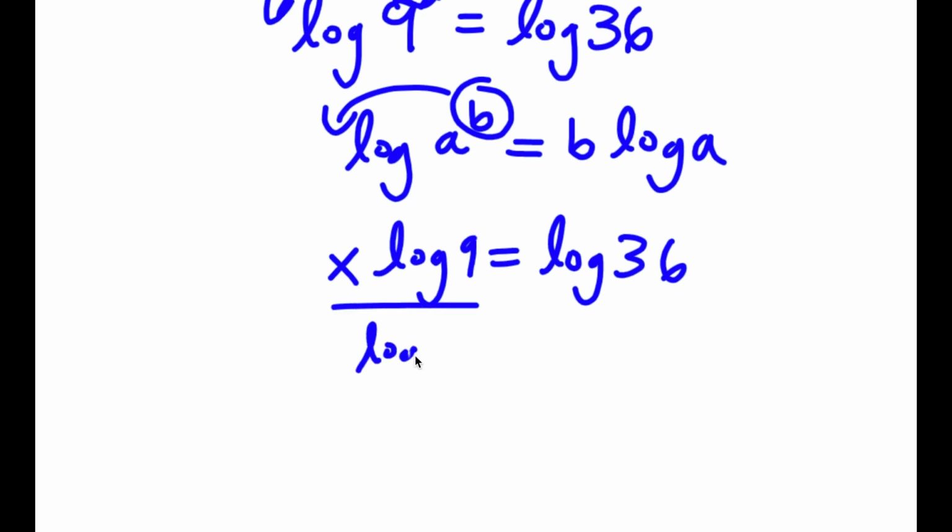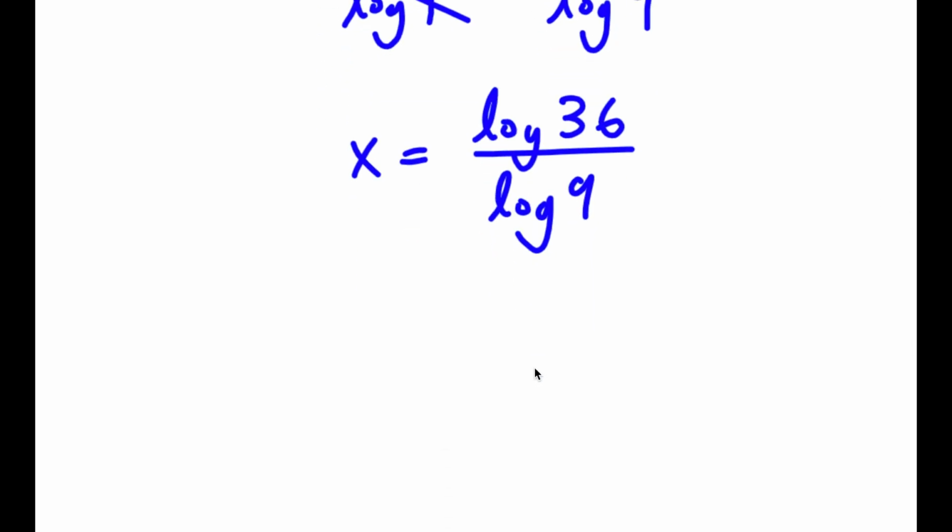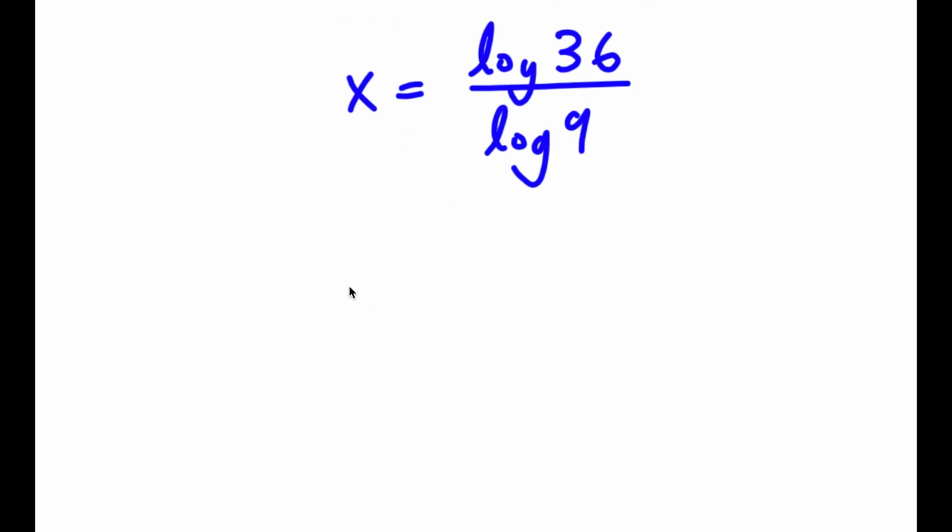Now if I divide both sides by log 9, these two cancel out, and I have x is equal to log 36 over log 9. Now log 36, that's the same thing as log of 9 times 4.